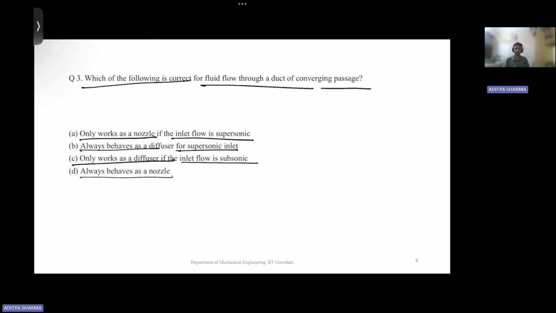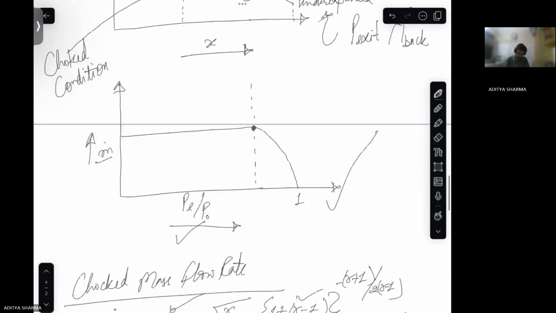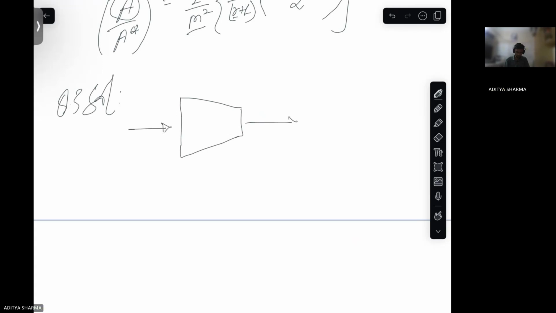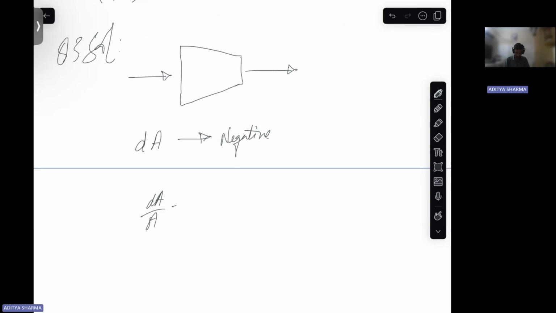So for converging passage, this is converging passage. dA is negative. dA/A equals (M square minus 1) du by u.